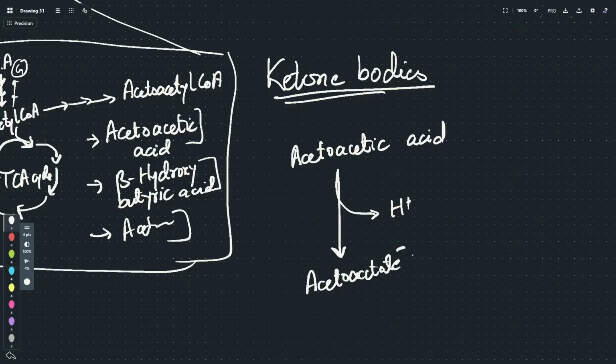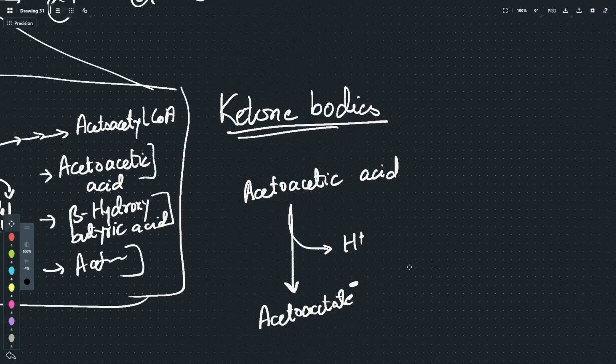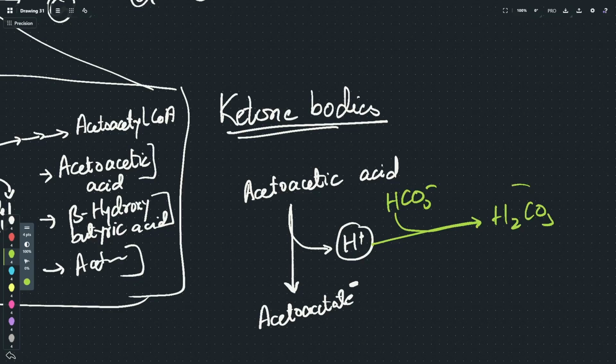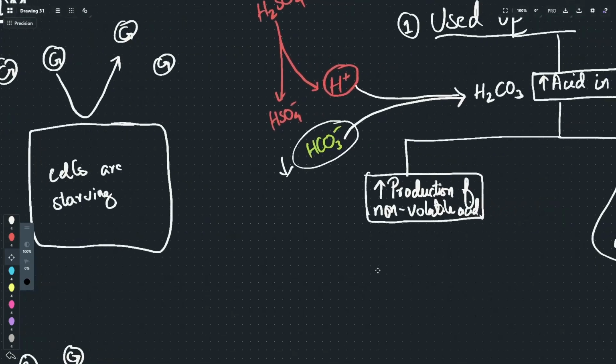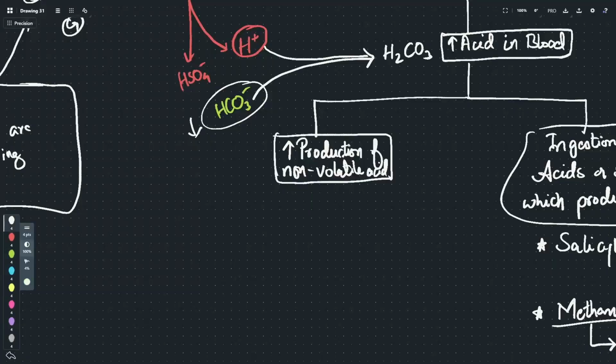So acetoacetate, a negatively charged ion, and this H positive will have to be buffered by utilizing our lovely beloved acid fighting soldier, which will form H2CO3. So it means acid is being formed.